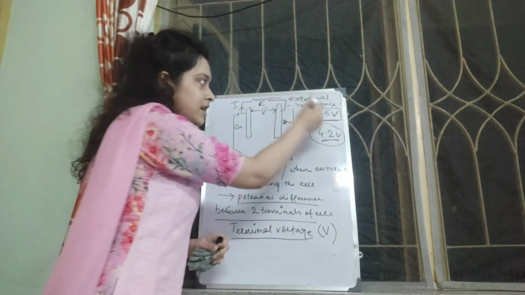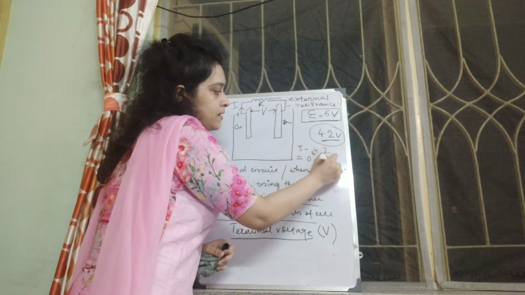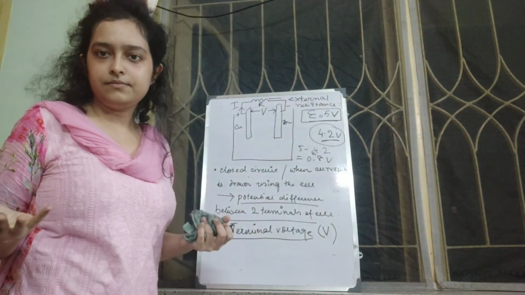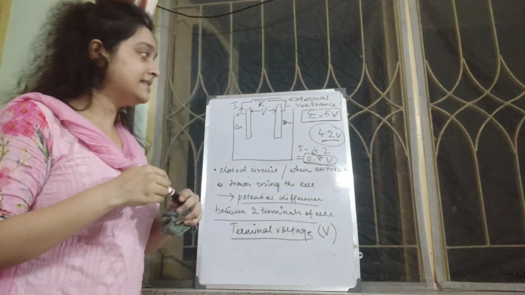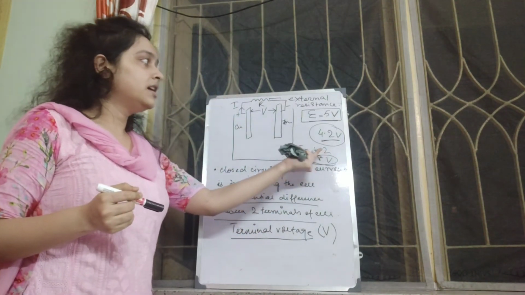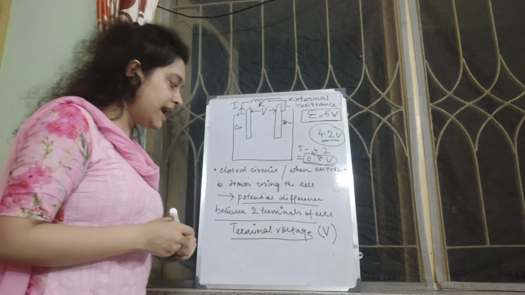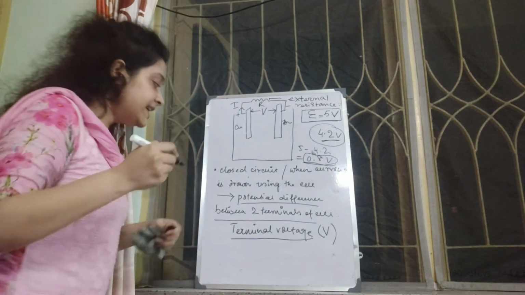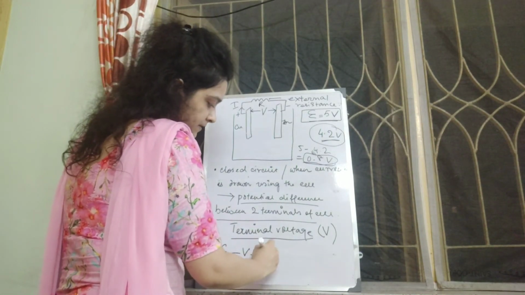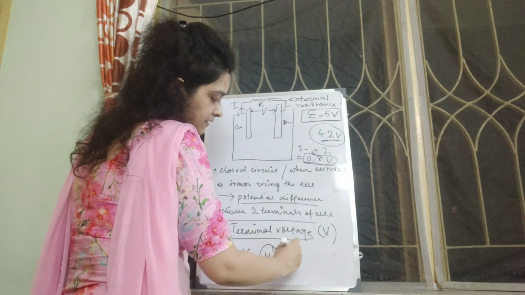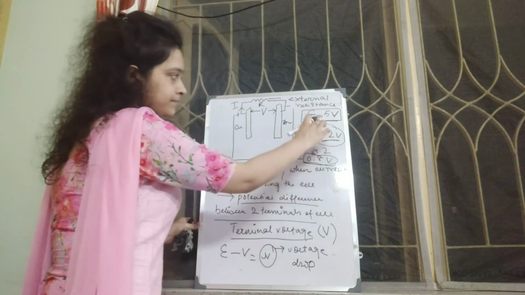So where is this 5 minus 4.2 going? This difference between the EMF and the terminal voltage is known as the voltage drop, denoted by small v. Drop in voltage, see?